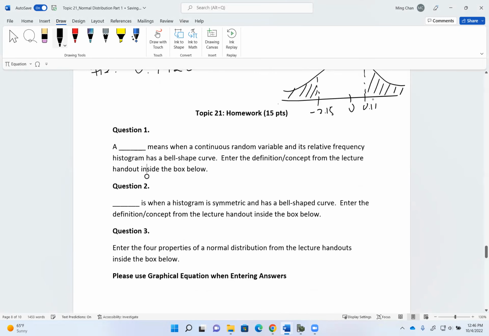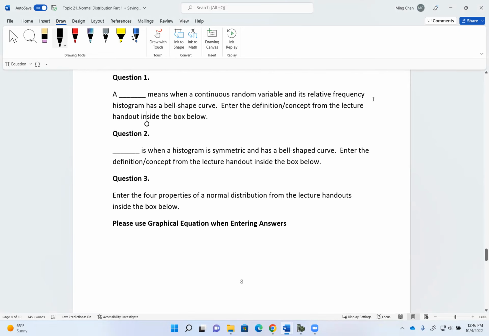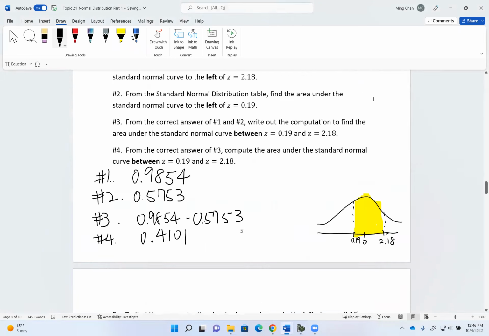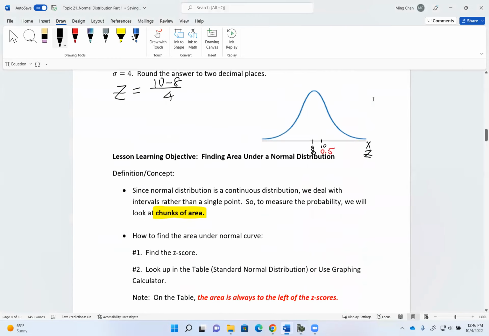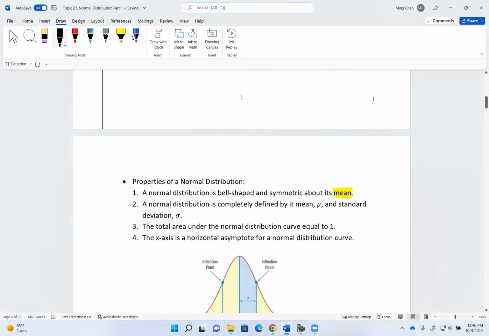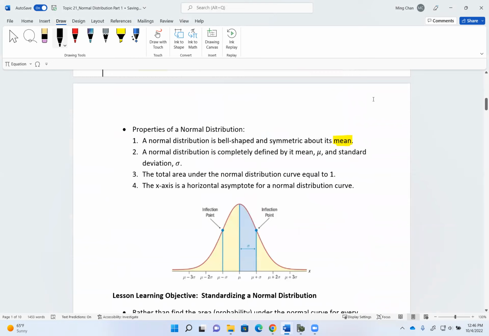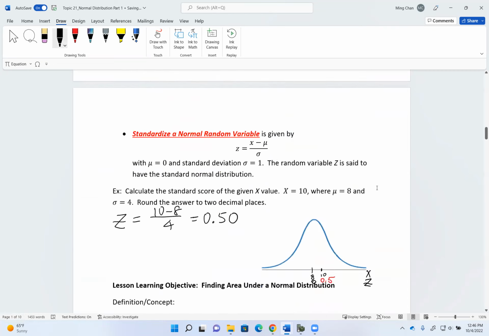So on the homework, number 3, I want you to enter the 4 properties. Make sure you use the graphical equation to enter your 4 properties, because for the mean and standard deviation, mu and sigma, you have to use the graphical equation to enter those. 1 and 2 are from the definition.